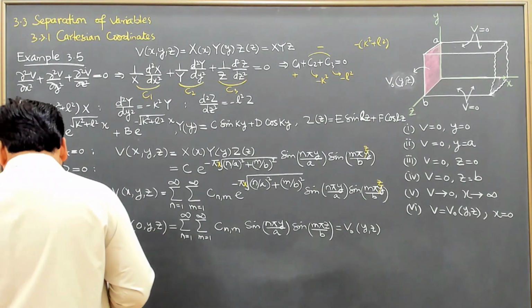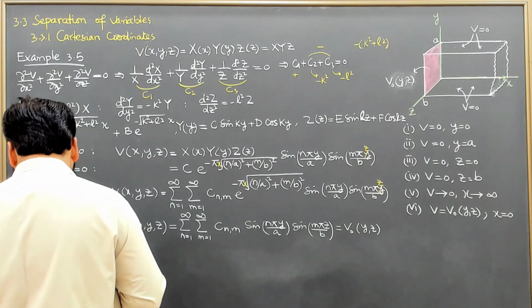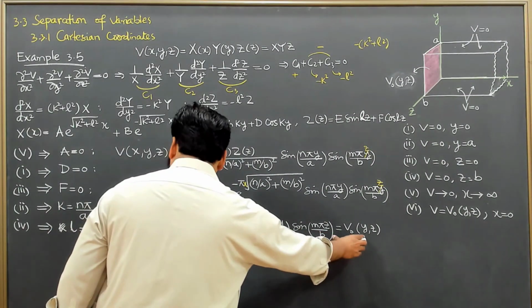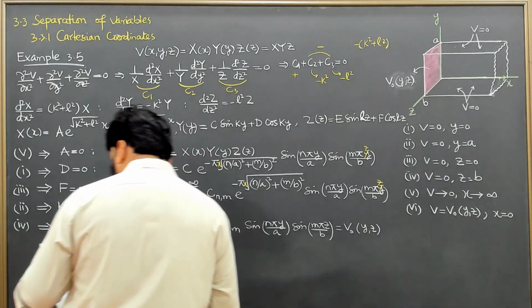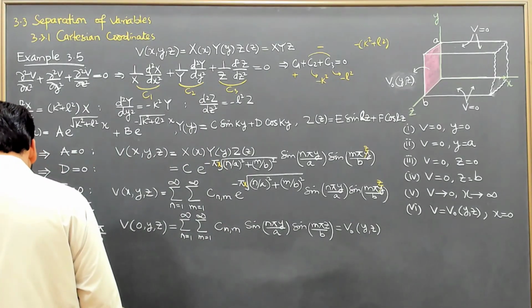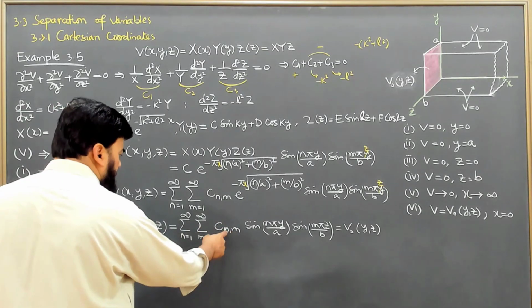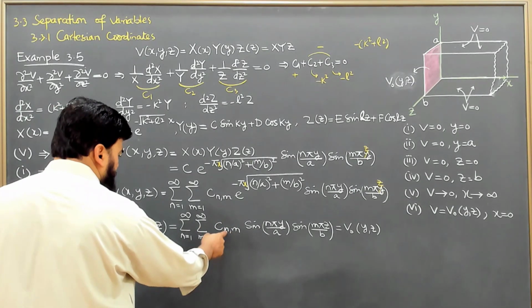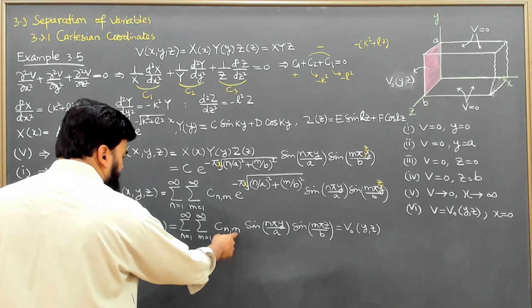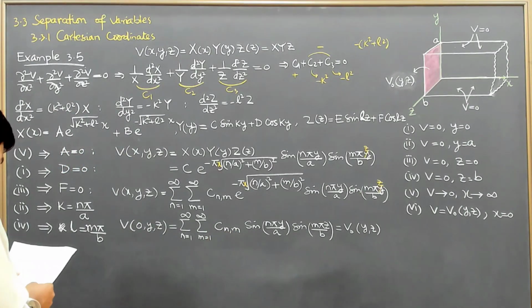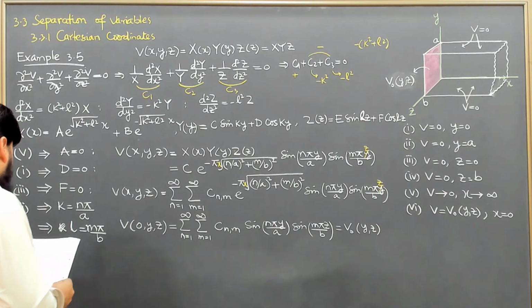So I can write that if I multiply this equation with proper n prime and m prime, because n is an index, it is just a number, m is a number, so I select two other numbers and I will try to find the C_nm.